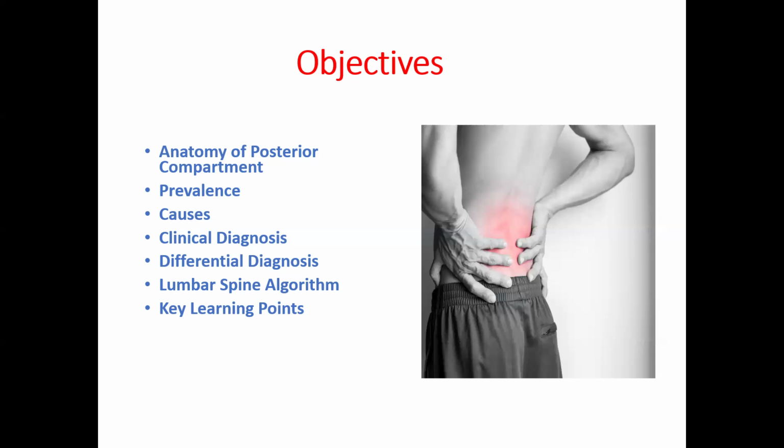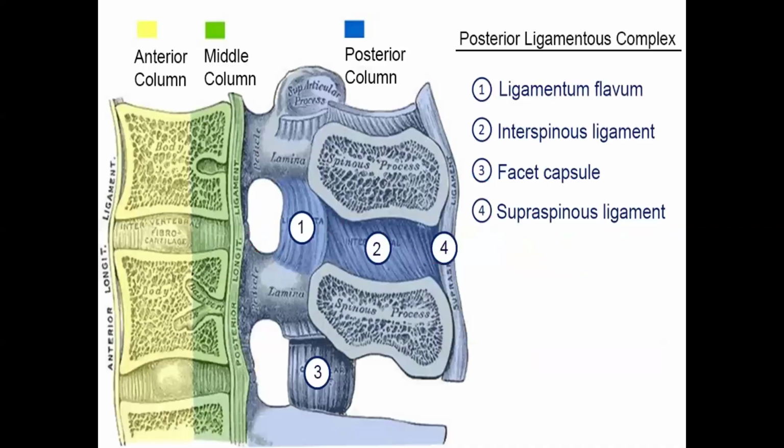Also, we'll be talking about the prevalence of low back pain, causes of low back pain, how to diagnose sacroiliac and facet pain, since these are the posterior compartment structures, differential diagnosis, the lumbar spine algorithm, and we'll end with some key learning points.